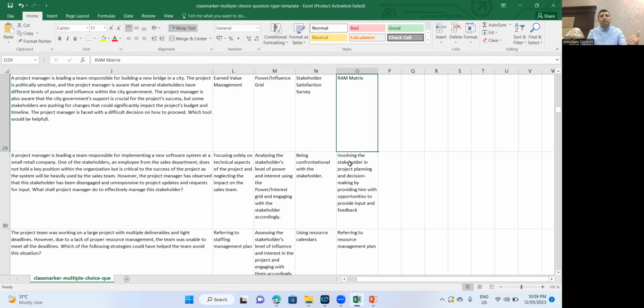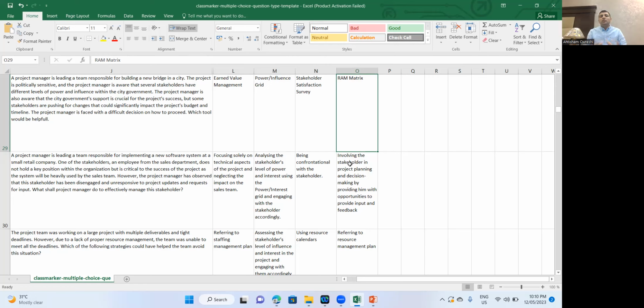You will get to know who is responsible for activity A, maybe stakeholder A. Who is accountable for activity A, maybe stakeholder B. Who is to be kept informed, maybe stakeholder C. Who can be consulted, maybe stakeholder D. Similarly, you will have all the activities, and the accountable, responsible, consulted or informed person will be changing for each activity. You got my point? That will be a matrix.